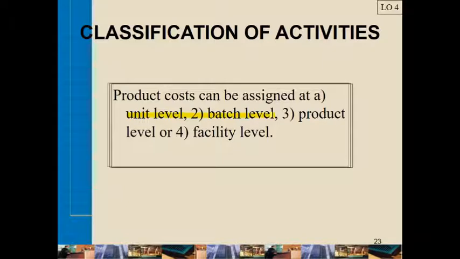Examples include setup costs and inspection costs, unless the inspection is per unit, but if the inspection is per batch, then it is batch level. Same would apply for product scheduling and material handling. These are all examples of your batch level activities.